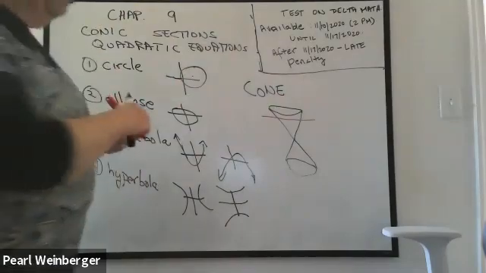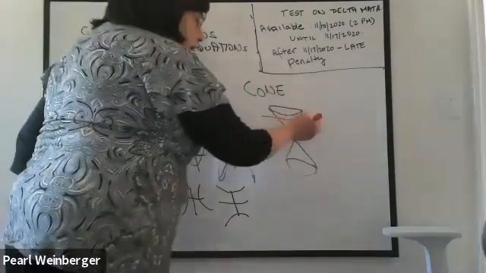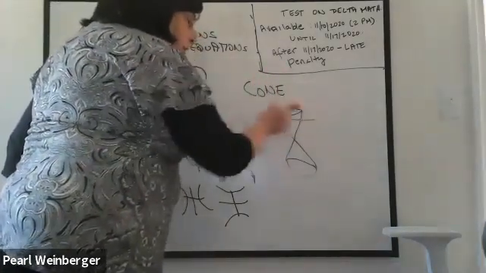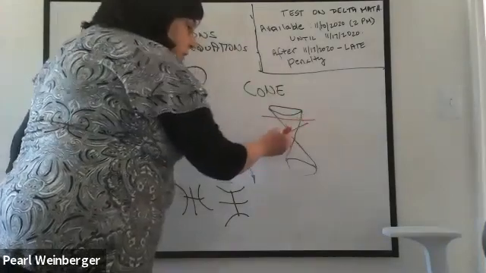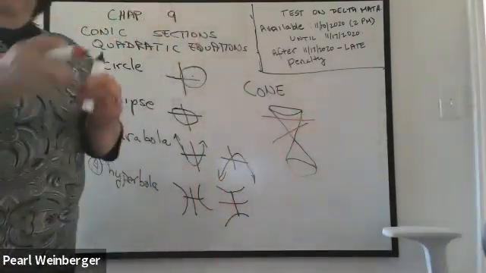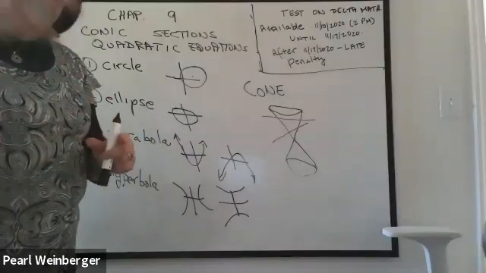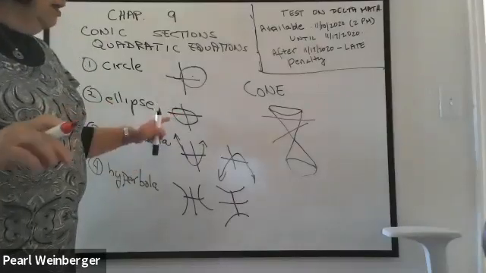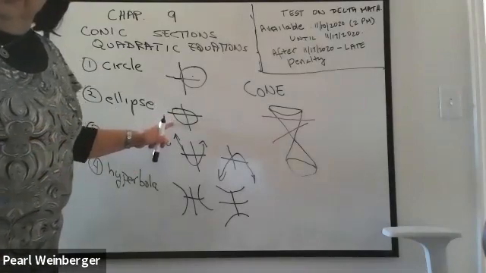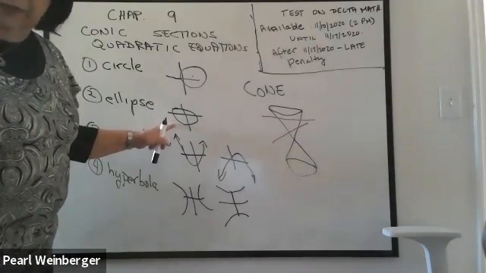Well, what if you weren't so careful, and instead of cutting the cone straight across, you cut it at an angle? Then if you would be looking down on it, because it was cut at an angle, you wouldn't get a perfect circle, you'd get an ellipse.